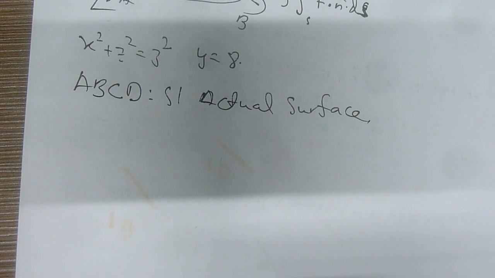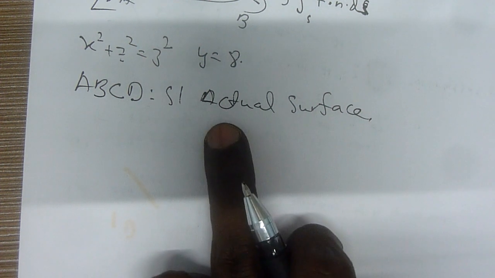No, there is no rule of thumb. It depends on which scenario you are solving. Sometimes the actual surface can be very complex, sometimes the shadow can be very complex. Therefore, there is no rule of thumb. You must remember that. Now I'm going to use the actual surface.